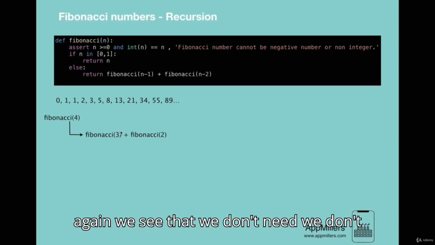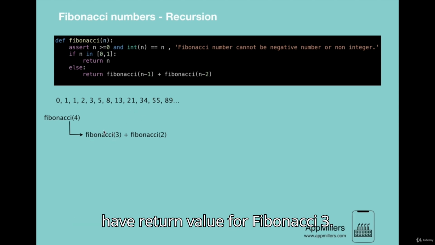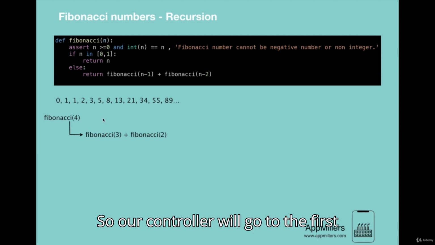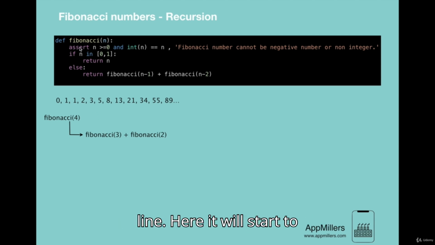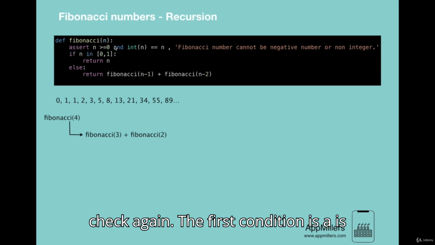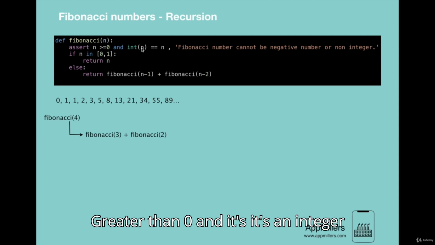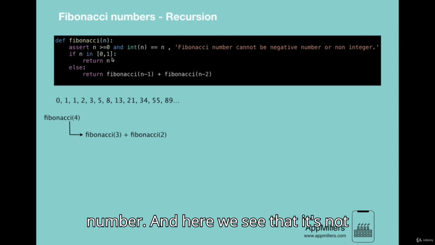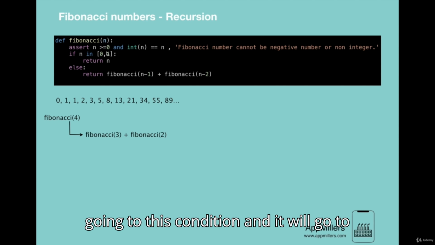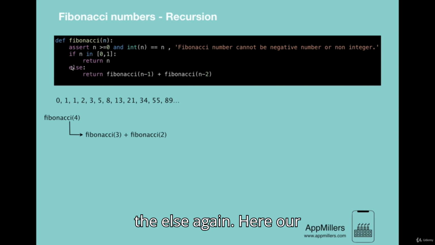Once again, we don't have a return value for Fibonacci 3, so our controller will go to the first line and start checking again. The first condition is fine because 3 is greater than 0 and it's an integer number. It's not going to the second condition, so it goes to the else again.